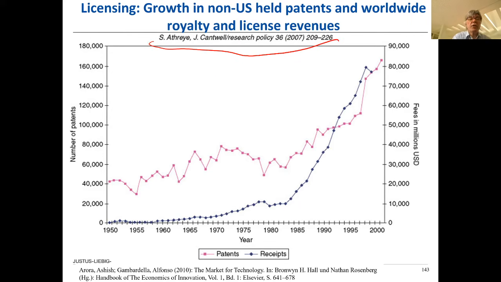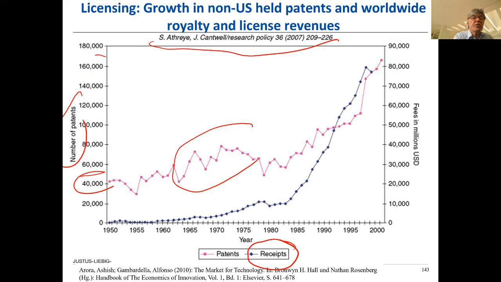Here you see some empirical presentation of how important licensing is. You see here patenting increased, this is the pink color, the patents. Patents increased from say 40,000 to 160 to 180,000, and these are the patents held by non-US companies.